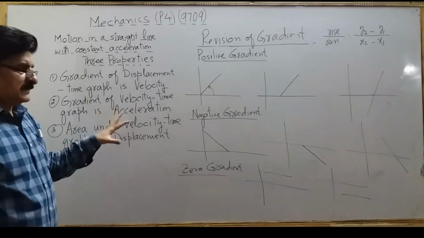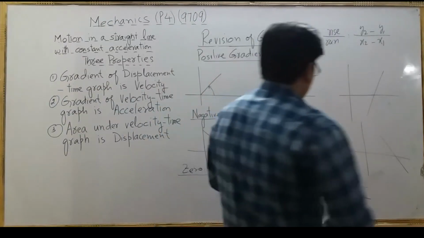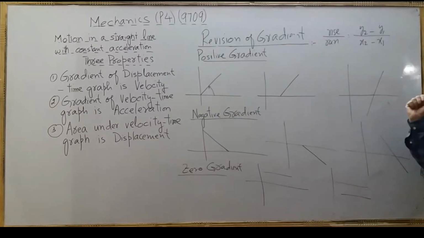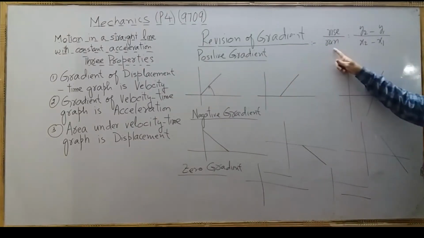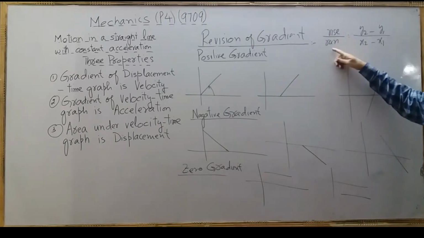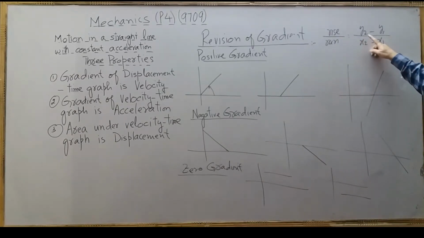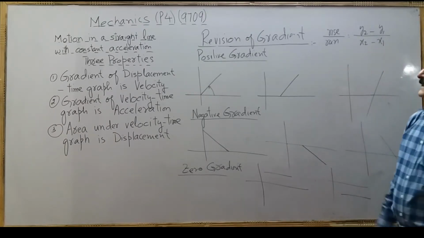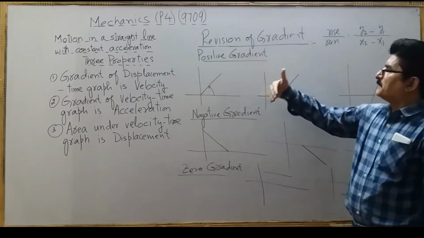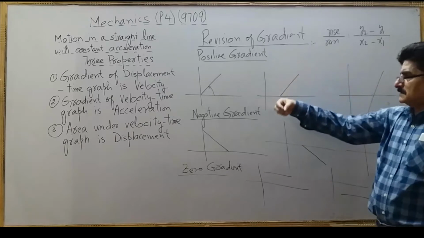Before discussing graphs, I want to revise the concept of gradient. You already know that gradient is the ratio rise over run, or change in y coordinate over change in x coordinate. Now we have a specific application of this idea in the graphs.